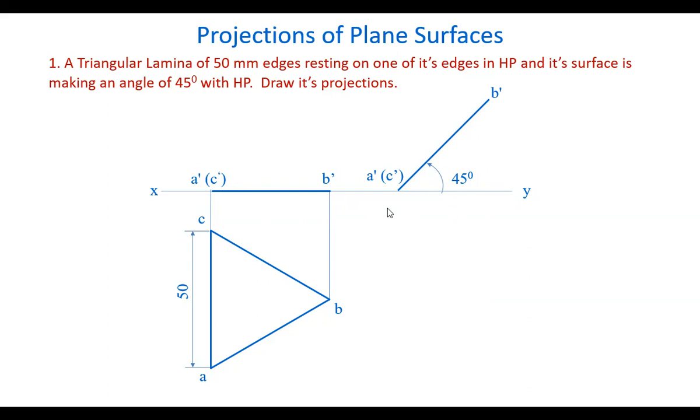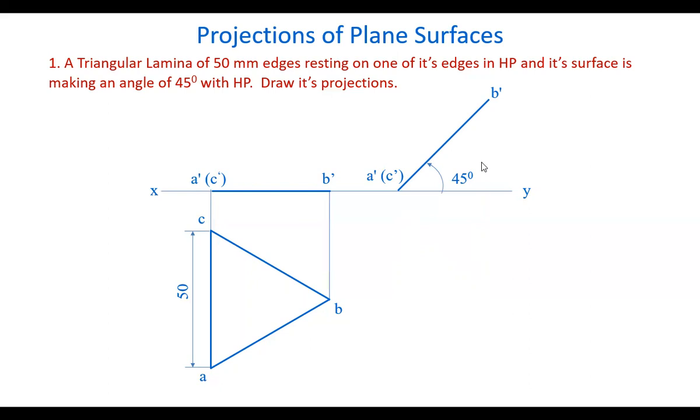Now, when you are lifting it up, the points in the top view are at the same distance. We are not moving the plane from the vertical plane. So all these points are at the same distance in front of VP. So the points B, A, C, everything will be at the same distance. But when you are lifting it up, the top view of point B as well as other points will be on the same projectors, drawn through the points.